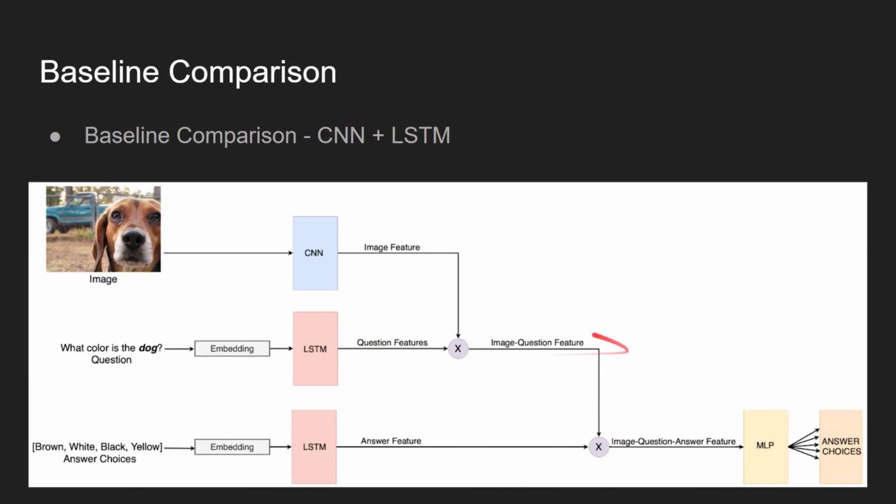And then again, those image question features are multiplied with the answer features extracted from an LSTM. And it's kind of the same story here, right? So this gives us our image question answer features. And again, this is just our baseline model that we are trying to prove that transformers can outperform.